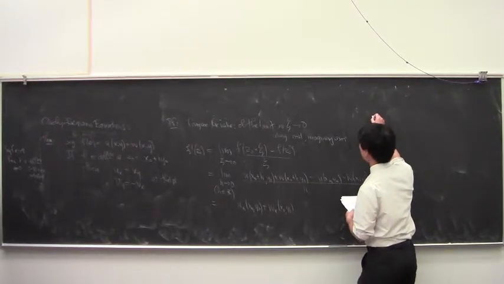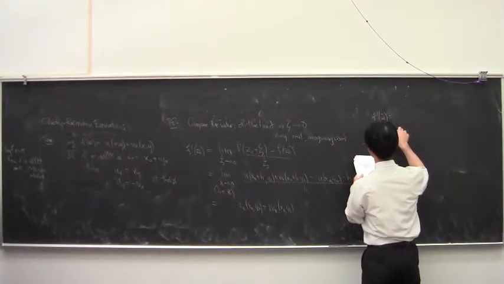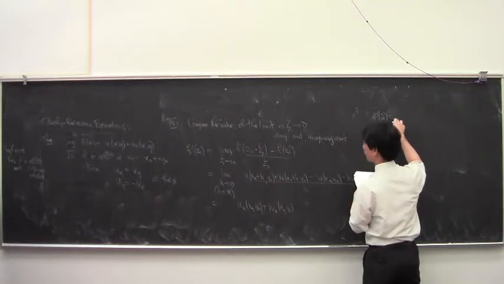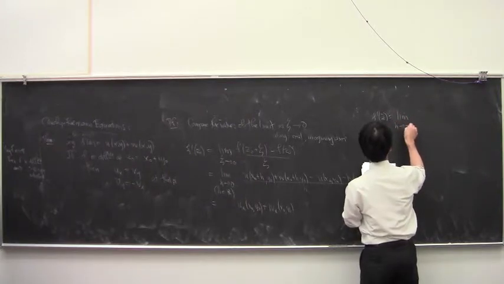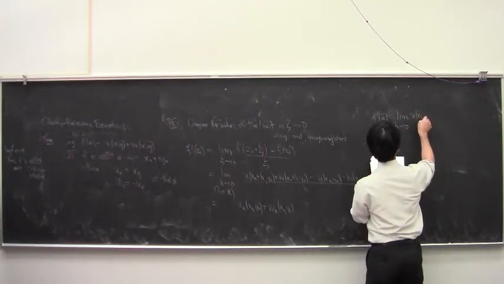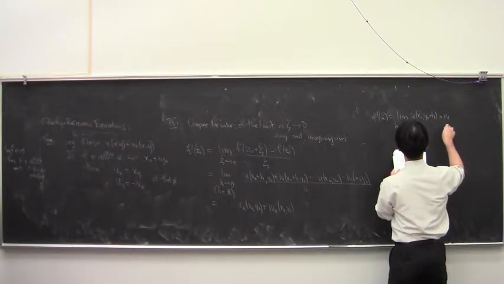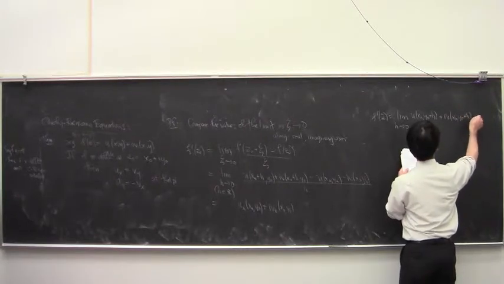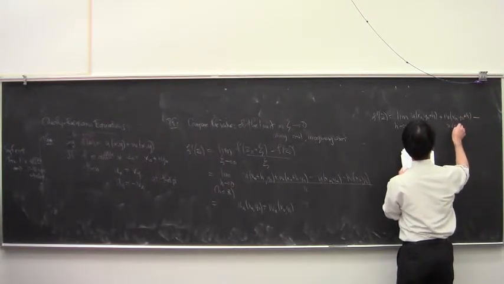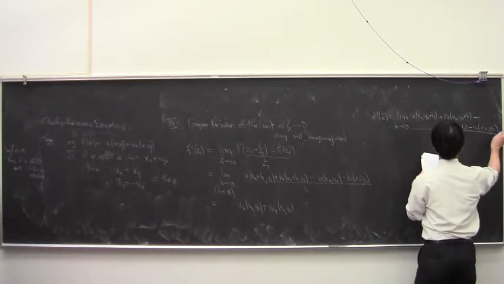And similarly, we do the other part of it. If we take our difference in the second variable, it's going to be the limit as h goes to 0 of u of x naught, y naught plus h, plus i v of x naught, y naught plus h, minus u of x naught, y naught, minus i v of x naught, y naught, over ih.